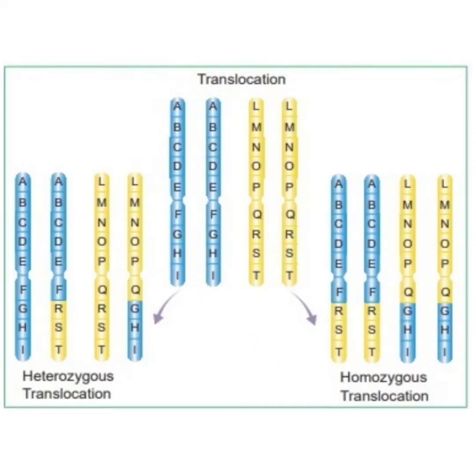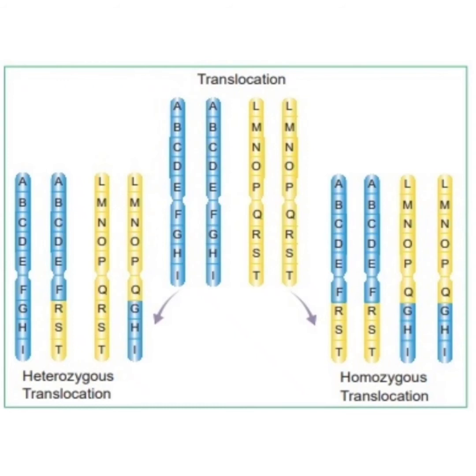Here you can see the translocation, the normal sequence in the center, A, B, C, D, E, F, G, H, I in two homologous chromosomes, and L, M, N, O, P, Q, R, S, T in two homologous chromosomes. Whereas in the heterozygous translocation, A, B, C, D, E, F, G, H, I is present in one chromatid, and another A, B, C, D, E, F, R, S, T is present, which is replaced from G, H, I. And this is translocated to another non-sister chromatid.